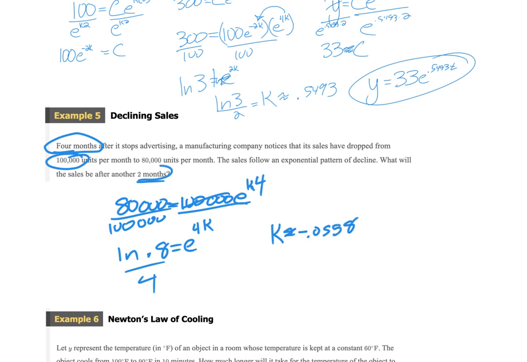Okay, so after another 2 months, y equals 100,000 e to the negative 0.0558 t. What we'll do is we'll put 6 in here for t, because 2 more months after the 4 months. Put that into the calculator, and that's approximately 71,500 units.